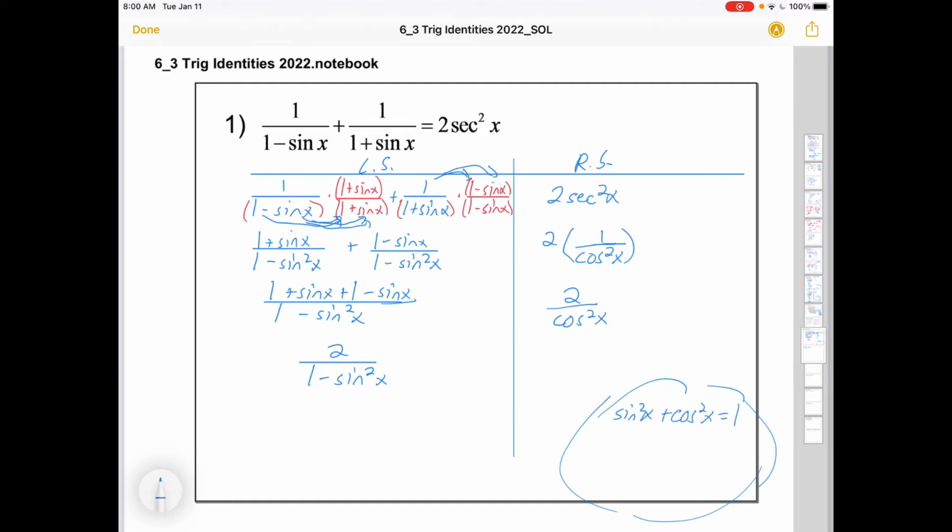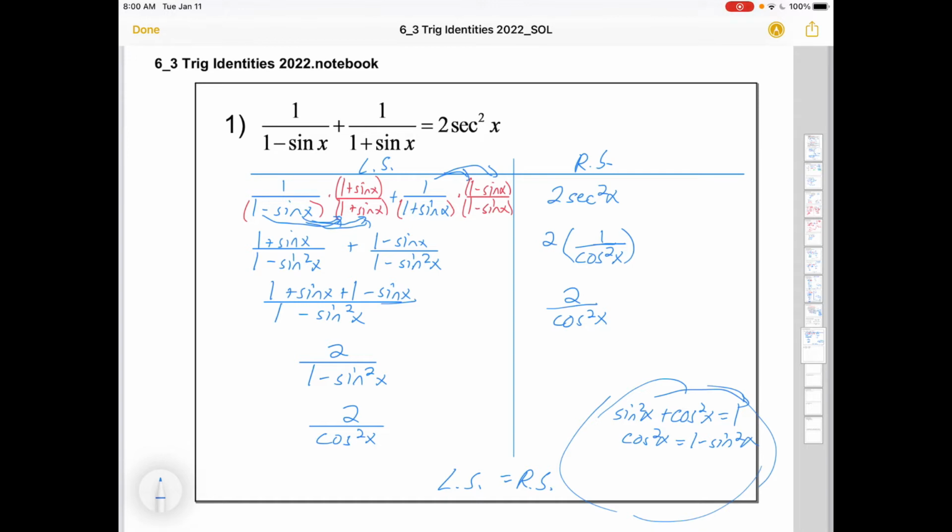And if I rearrange that, if I move the sine squared to the other side, I get this. Cos squared x equals 1 minus sine squared x. So this whole thing right here on the bottom must be equal to cos squared x. And by manipulating both sides, I've made the left side equal to the right side. There's one way to prove it.